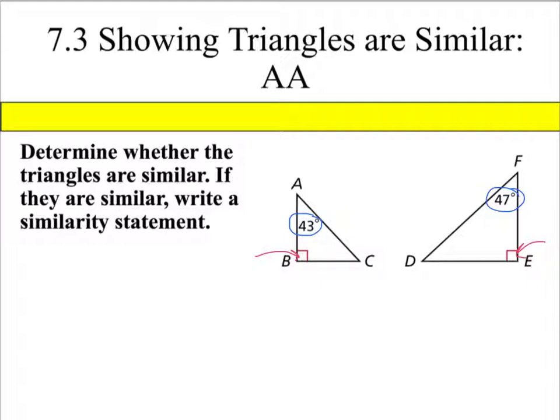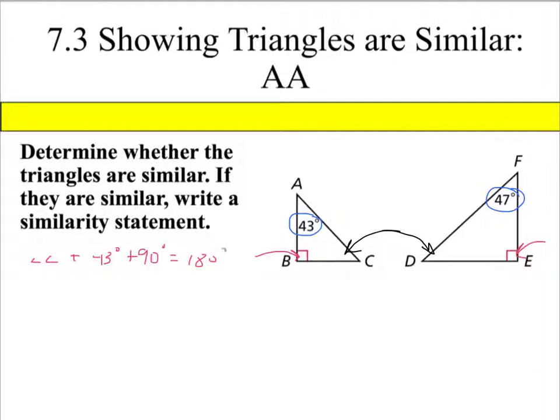Why? They have that 90 degrees. What we need to do is figure out the other two angle measures. Now, you may already know in your head if they are similar or not, but we want to make sure that we can explain our answer. So the very first thing is we want to figure out what angle C is. So angle C plus 43 degrees plus 90 is equal to 180.